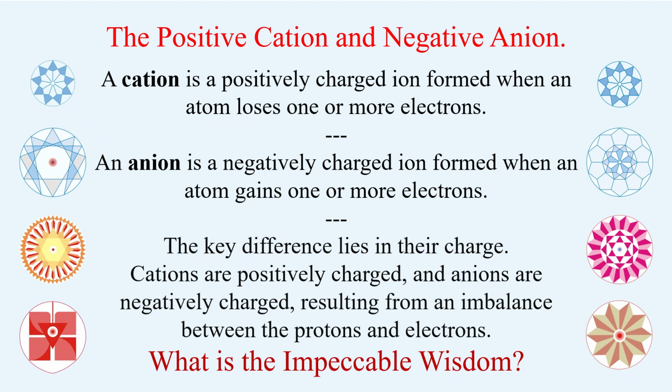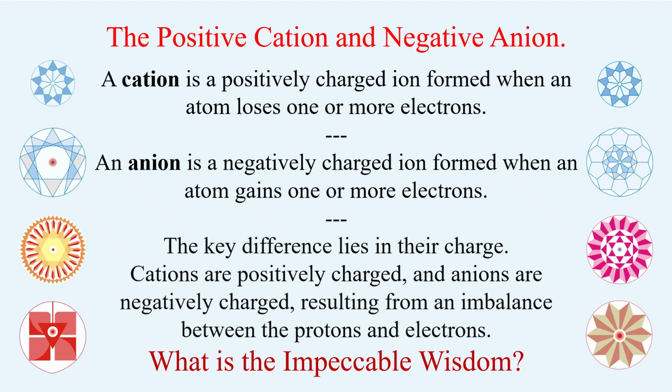Now let's talk about one particular mathematical design which I think is very important for everybody to understand chemistry. A positive cation and negative anion. A cation is a positively charged ion formed when an atom loses one or more electrons. And an anion is a negatively charged ion formed when an atom gains one or more electrons.